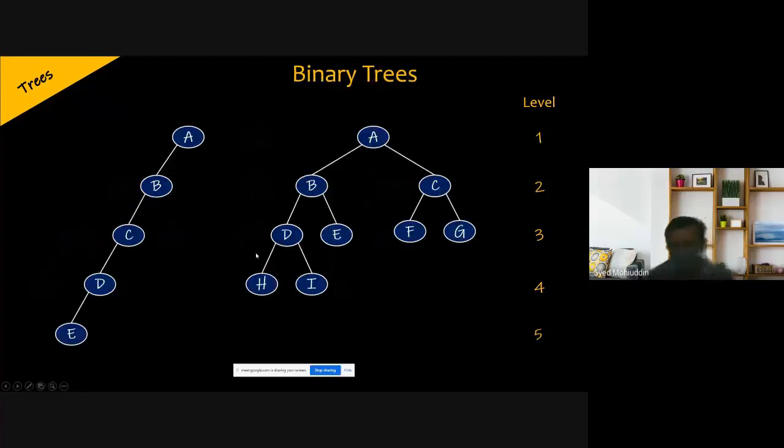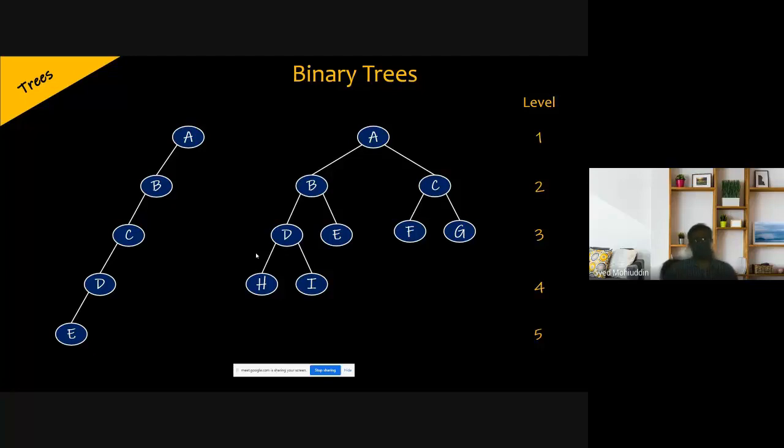So there is a special kind of tree known as a binary tree, where a node can have at most two children. That means a node of a binary tree can have no child, or it can have one child, or it can have two children. Not more than two children.